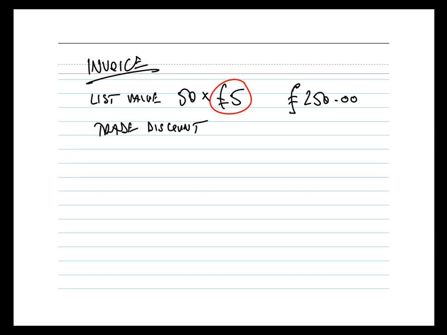When we talk about the list price, that would be the price charged to any new customer that maybe only comes in and buys a handful of units, but because Megan's a good regular customer, she gets the immediate trade discount. Now, to show the working of that trade discount, if I take the full list value of £250, the trade discount she was offered was 5%.